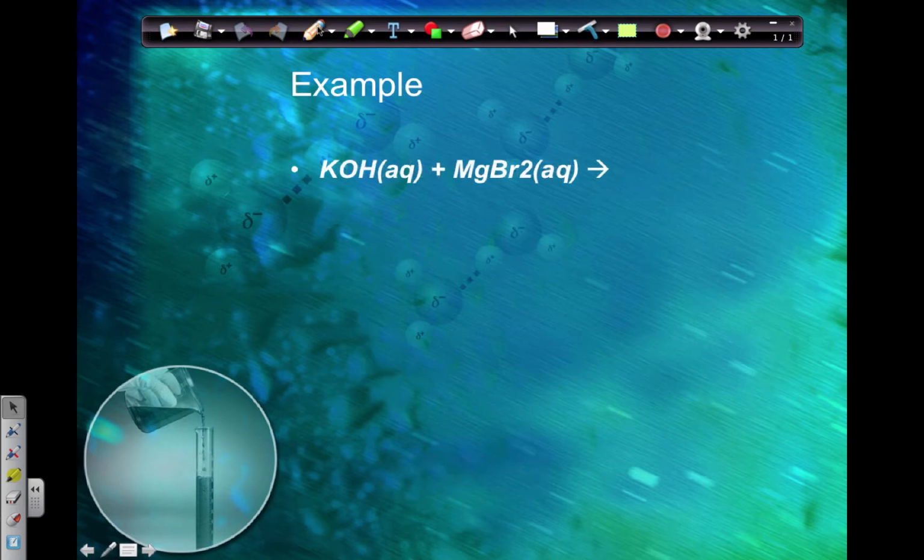All right, so let's look at this one. First thing, we're going to predict products. Let's do an example. Now, if you watched the previous video, I already predicted products here, so I'm just going to go through that part very quickly.